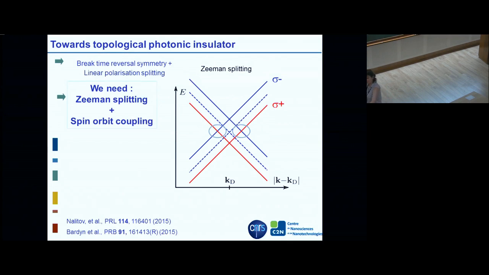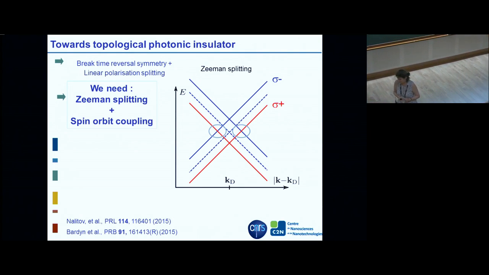So there is going to be a topological protection for light polarized along sigma plus. To be able to have no backscattering, we need to have edge states, edge modes, which are sigma plus and sigma minus, and not linearly polarized.